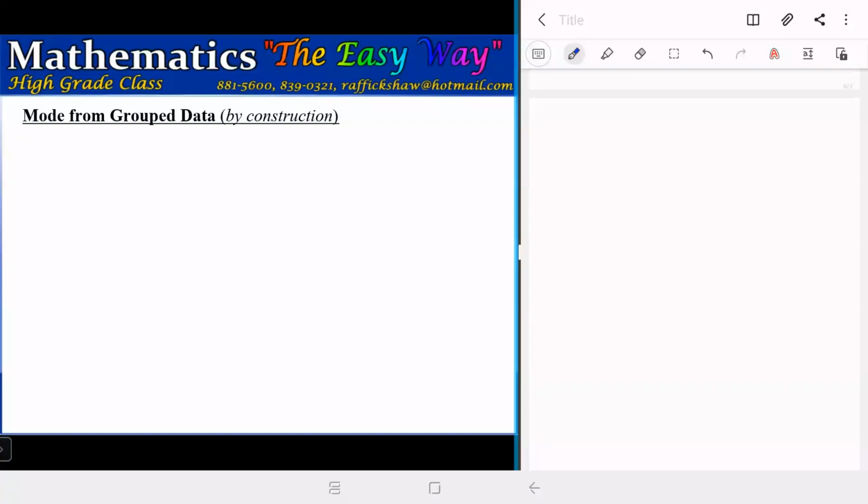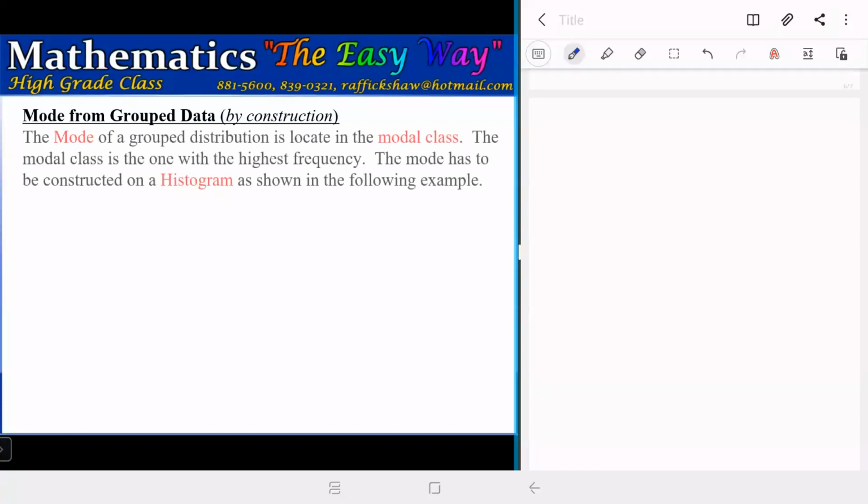All right. So to find the mode, you have to construct a histogram. You have to construct what we call modal class diagonals to find the mode. The mode of grouped data is located in the modal class. And CSEC will ask you what is the modal class. The modal class is the one with the highest frequency.